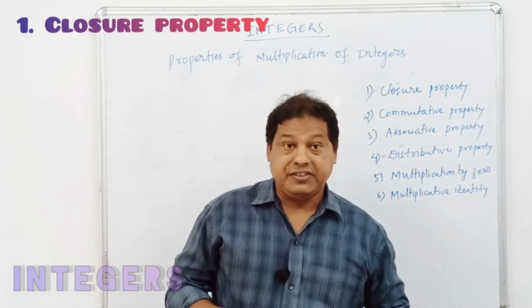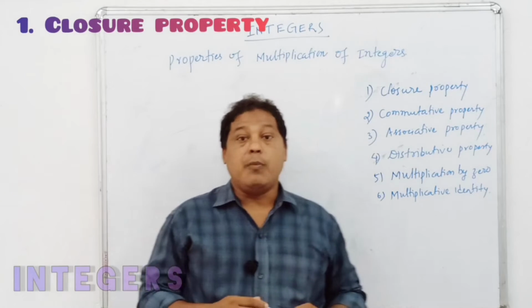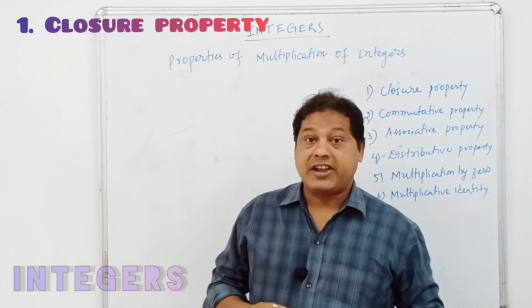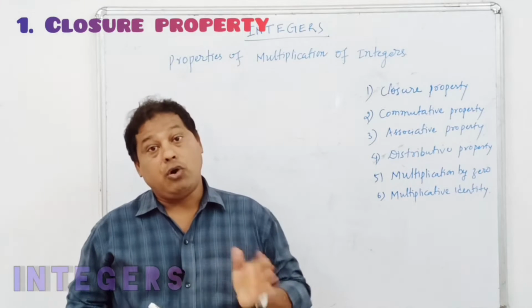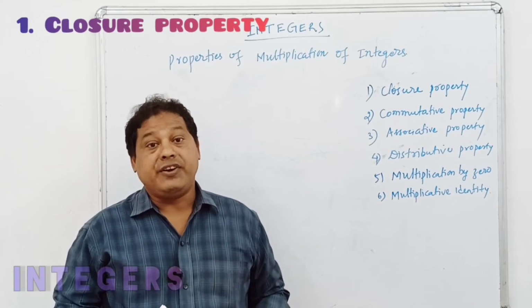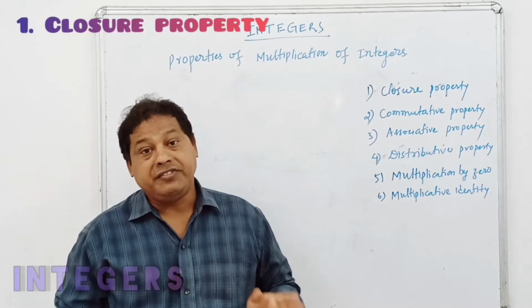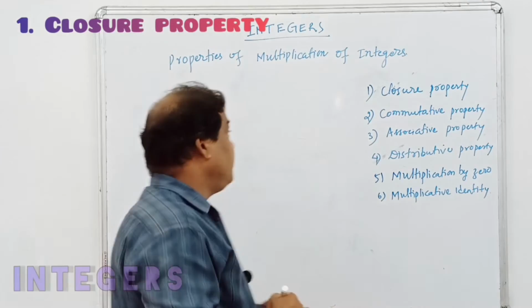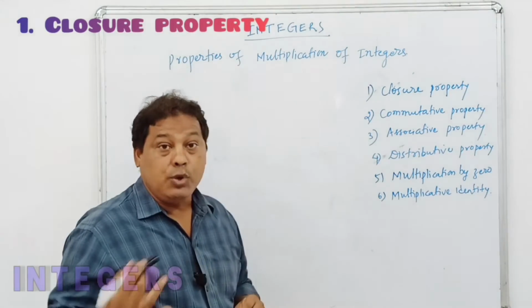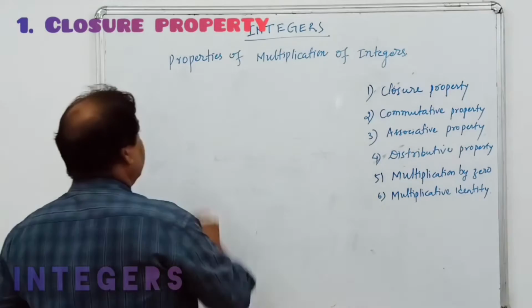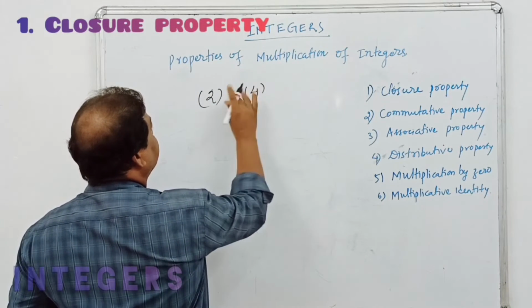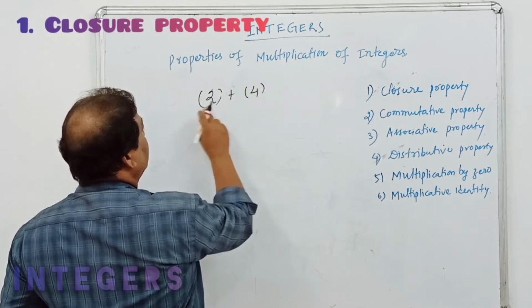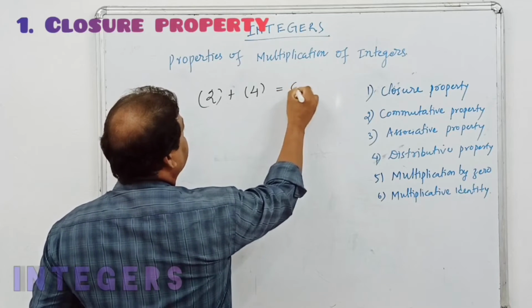In the previous session, we learned about the addition and subtraction of integers. The sum of 2 integers is always an integer, and the difference of 2 integers is always an integer. See some examples. 2 is an integer, 4 is an integer, and 2 plus 4 is 6, also an integer.